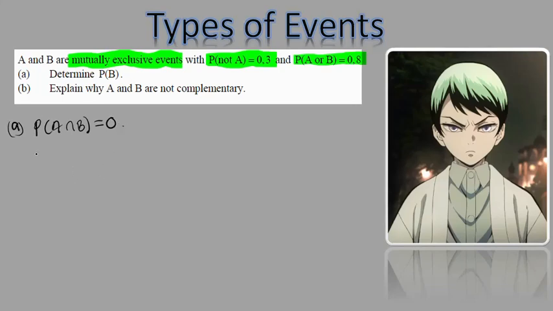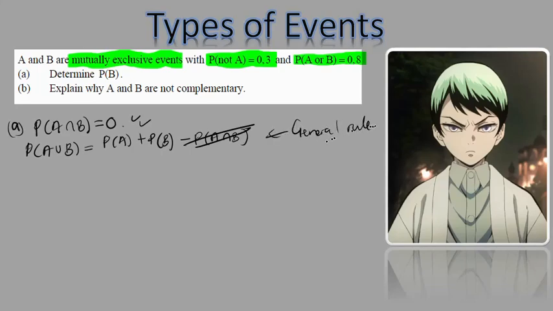Therefore, if I'm to look for their union, I can simply say the probability of A plus the probability of B, and I don't have to subtract the probability of the intersection, because the intersection is 0 anyway. This comes from the general rule of probability, so this part is out already.